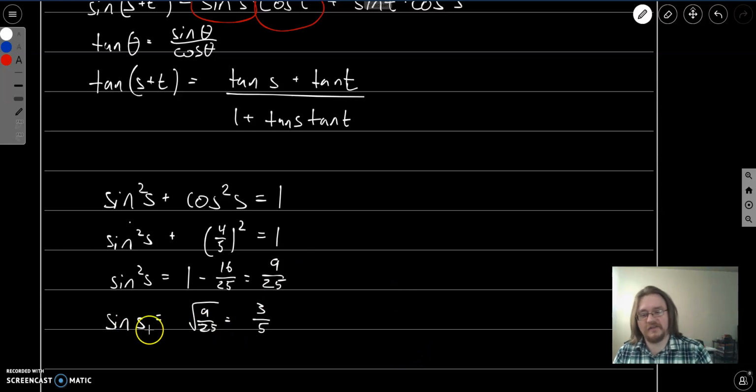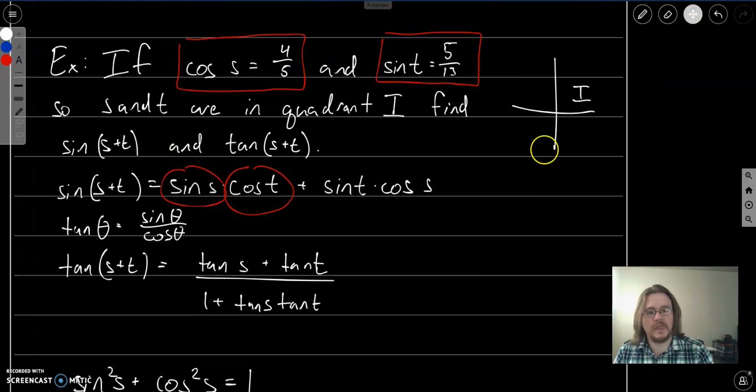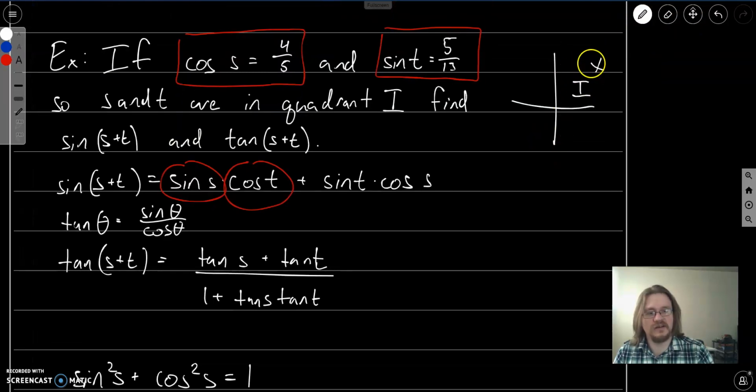Easy. The only thing, though, is that if I take the square root of both sides, do I want the positive root or the negative root? So do I want sine of S to be positive, or do I want sine of S to be negative? Well, we're up here in quadrant 1. And is the sign positive or negative in quadrant 1? Well, x is positive, y is positive, and r is going to be positive.